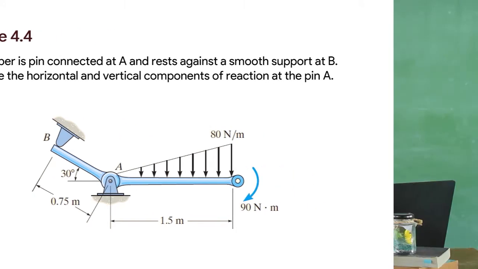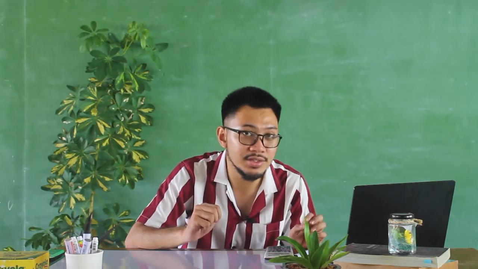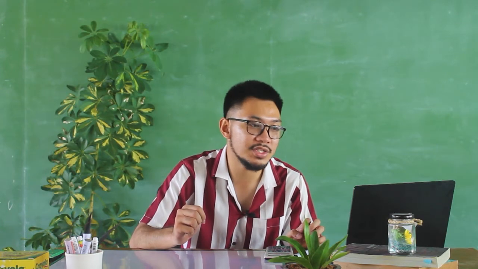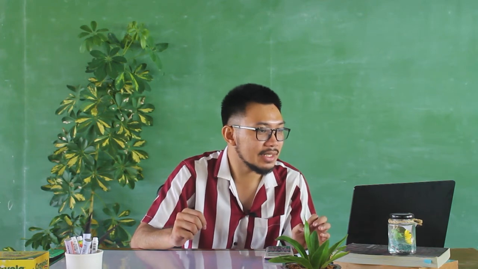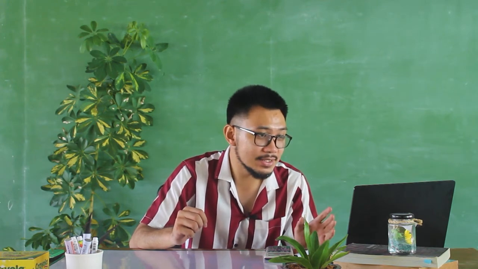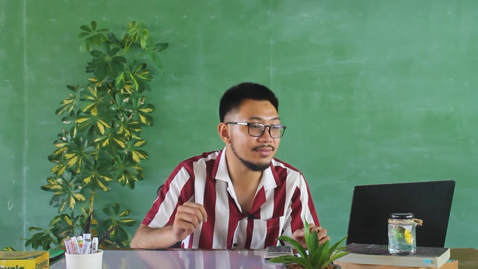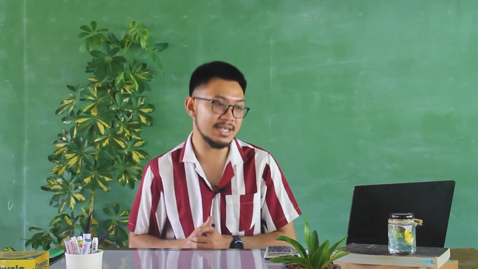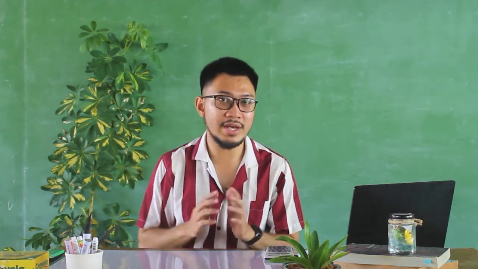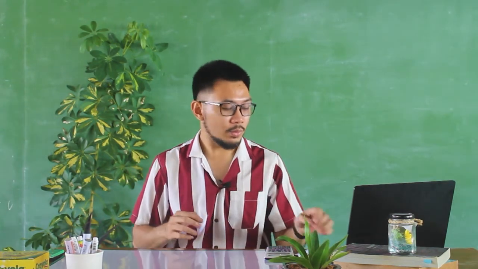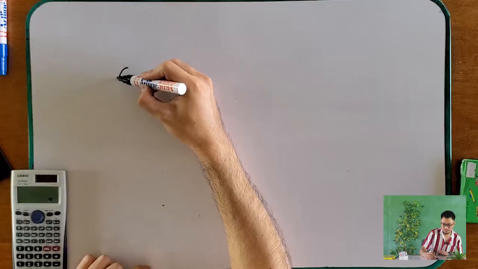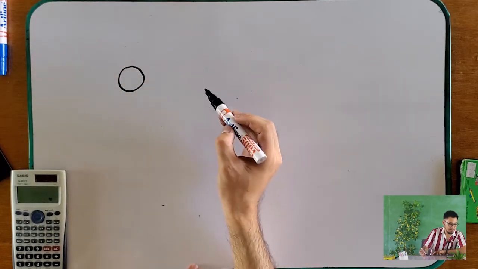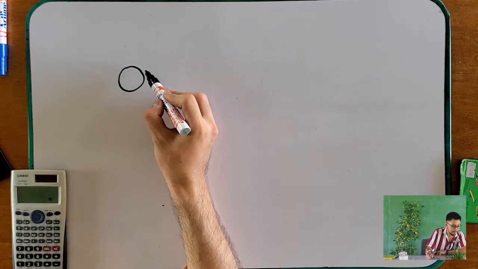Smooth support has the same function as our roller support, which acts normal to the surface at point B. So determine the horizontal and vertical components of the pin A. So you have seen the problem, and what we are going to do now is to make a free body diagram out of that one.